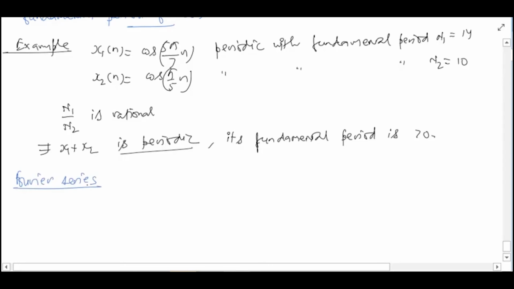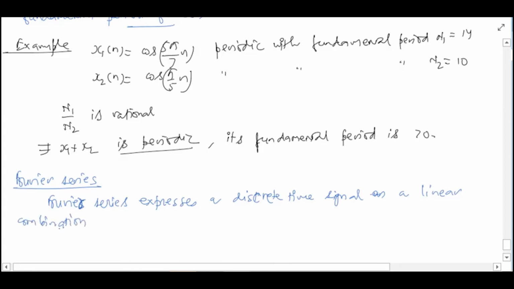As before, Fourier series expresses a discrete time signal with period N as a linear combination, or weighted sum, of complex exponentials.